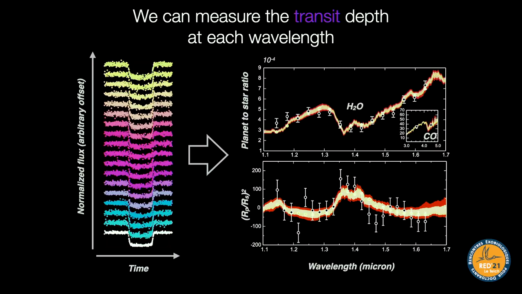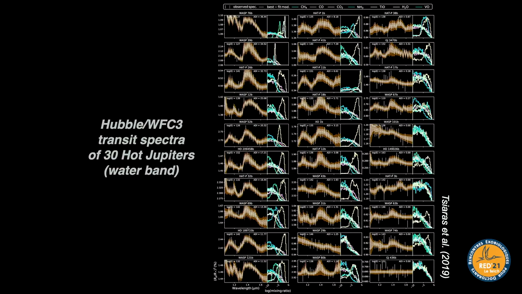Here, if we're in a region where water is very opaque, it means that the apparent size of the planet is bigger, and that's why you see that when there is water, you will have a peak in what we call the opacity, the transmission of the atmosphere. And so that's how you can actually, from the peaks and troughs of these curves, of these transit spectra, infer the presence of different molecules. So here, for example, is just to show you that this has been applied to many planets.